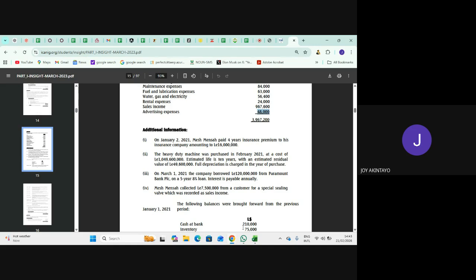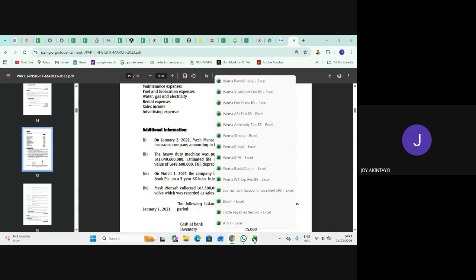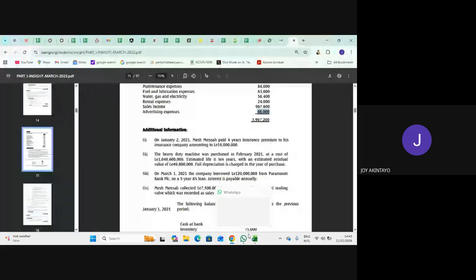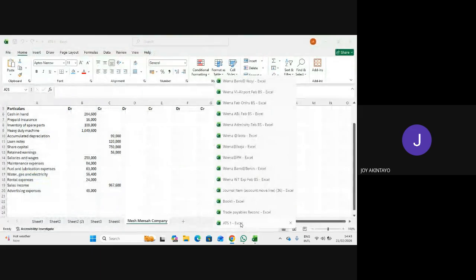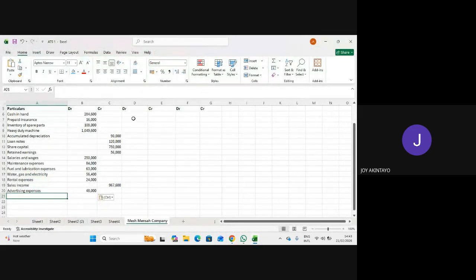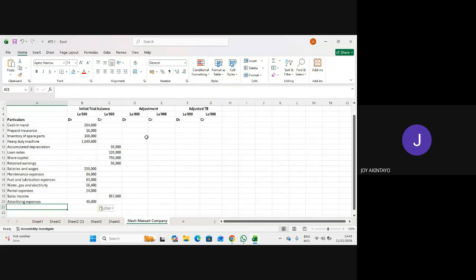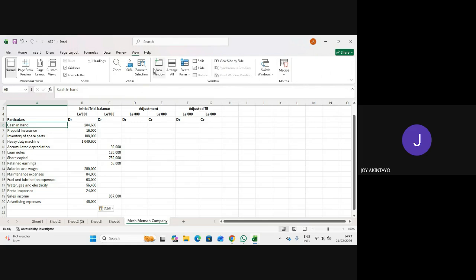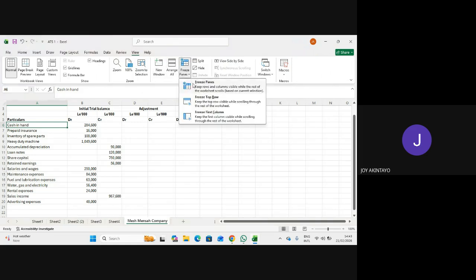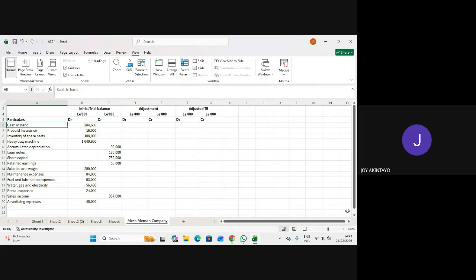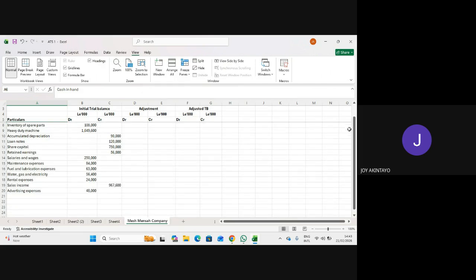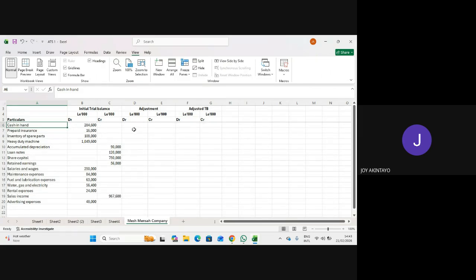So here we go to insurance expense. Are we together? Go to your insurance prepaid under the adjustment. So you go to your insurance prepaid, come to your adjustments here.